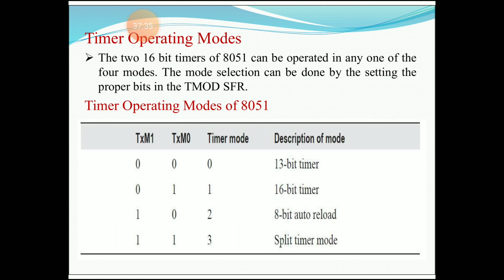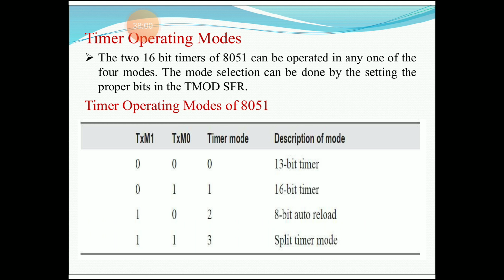Now let us see the timer operating modes. The two 16-bit timers of 8051 can be operated in any one of the 4 operating modes. The mode selection is done by setting the proper bits of the TMOD register. Those are M1 and M0, and when these two bits are 00, timer mode 0 is selected.